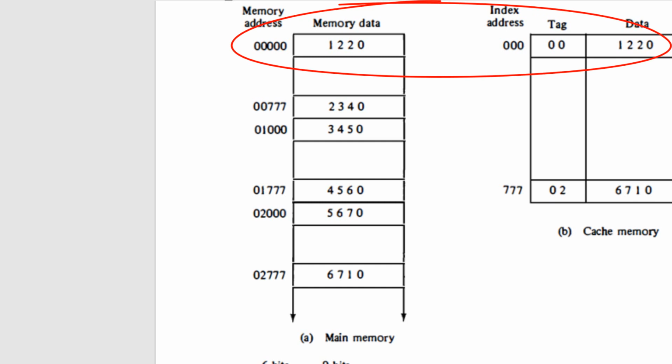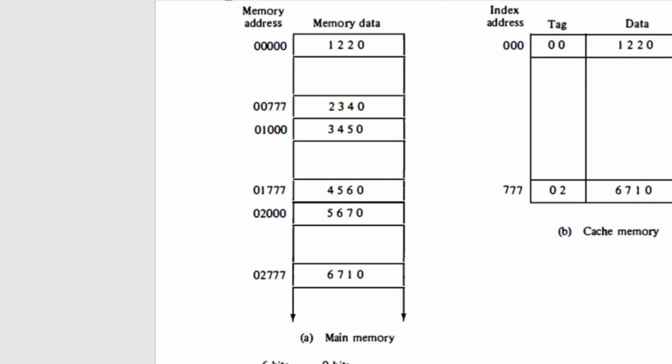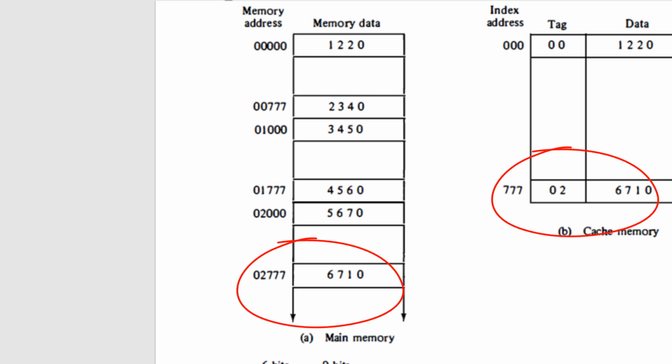Now let us take another example, 777. Here if you compare the sixth line in the main memory, 777 can be the index address and 02 can be the tag. Now compare both the content, main memory and cache memory. You will find the same data, that is 6710.